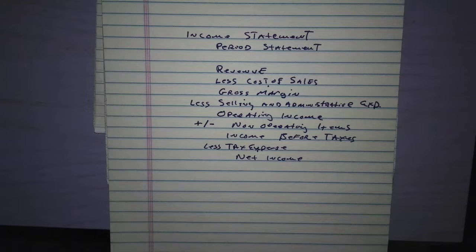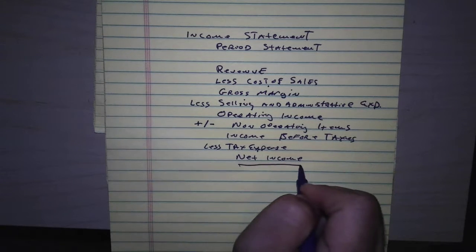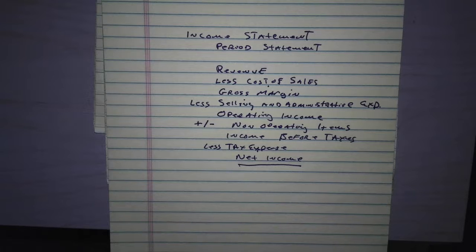Then we figure out the taxes, we subtract the taxes, and that gives us our net income after taxes, otherwise known as final net income. That's how much money we are going to bring in a period after we pay for interest, after we pay for taxes. What do we have left over?